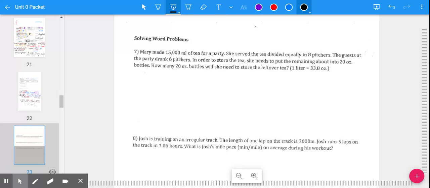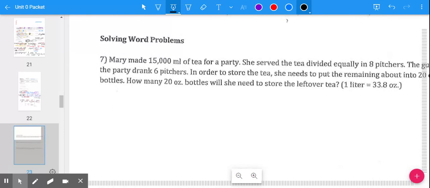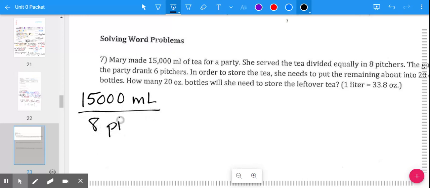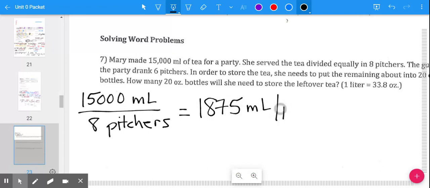So the first thing I do is separate out that 15,000 milliliters of tea into the 8 pitchers to find out 1 pitcher. So we need our unit rate. There's 15,000 milliliters of tea divided equally among 8 pitchers, which lets us know that in each pitcher there's 1,875 milliliters per pitcher.